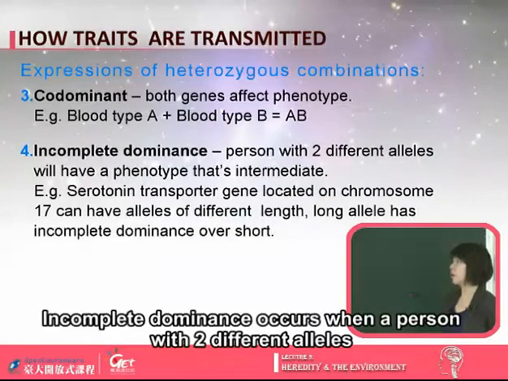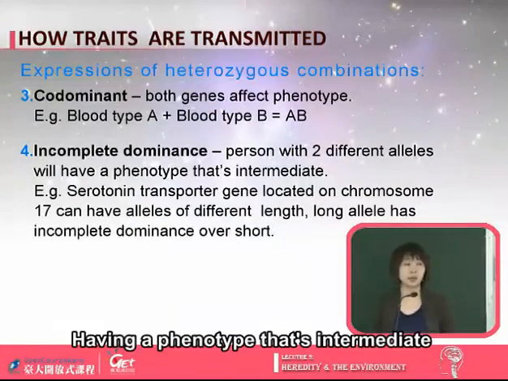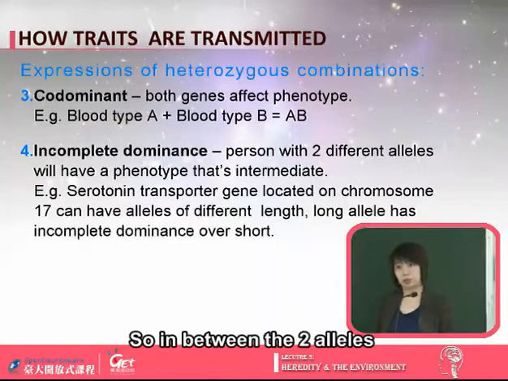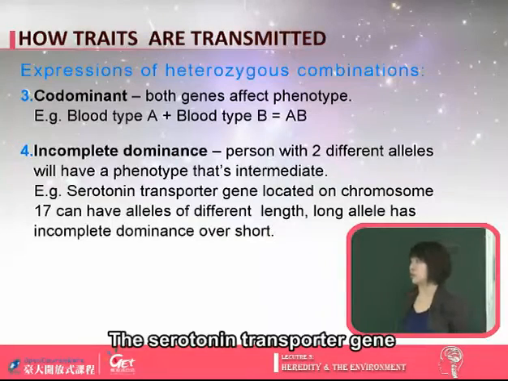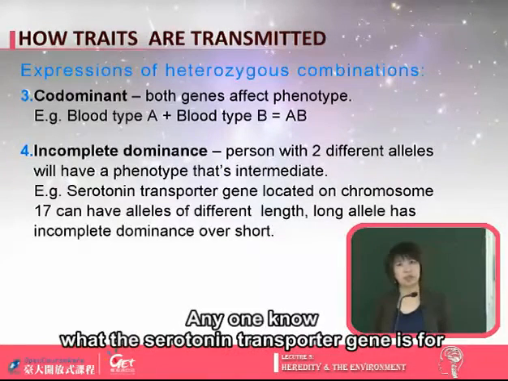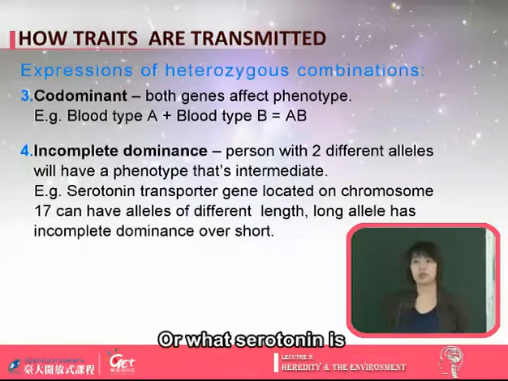Incomplete dominance occurs when a person with two different alleles has a phenotype that's intermediate, so in between the two alleles. So for example, the serotonin transporter gene. Anyone know what the serotonin transporter gene is for? Or what serotonin is?